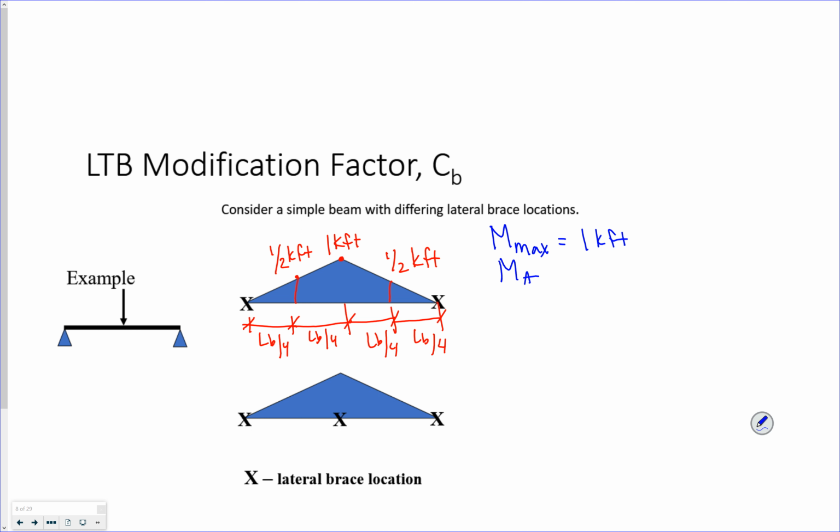This would be A: half a kip foot. And B, I lied, it's 1 kip foot because it's right there in the middle. And MC is half a kip foot. This is C.